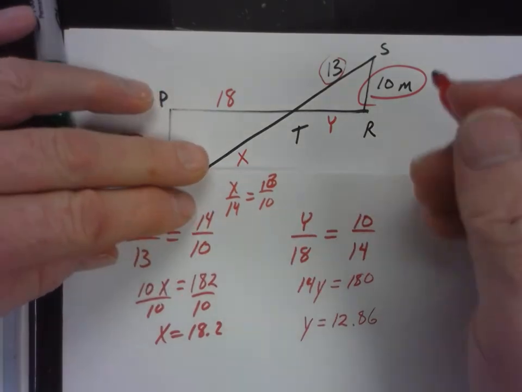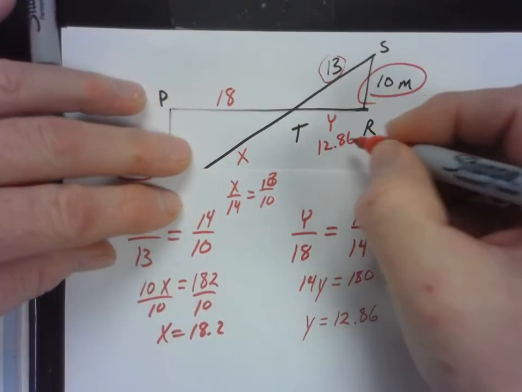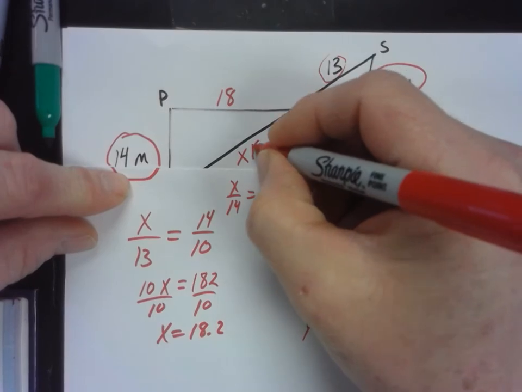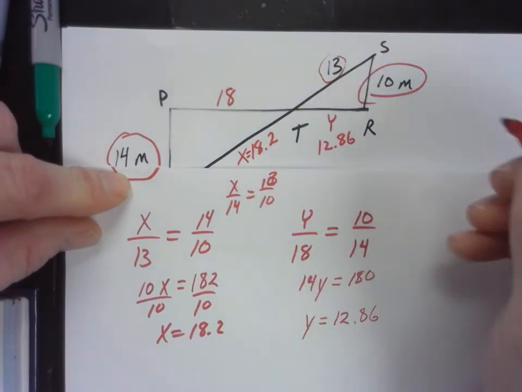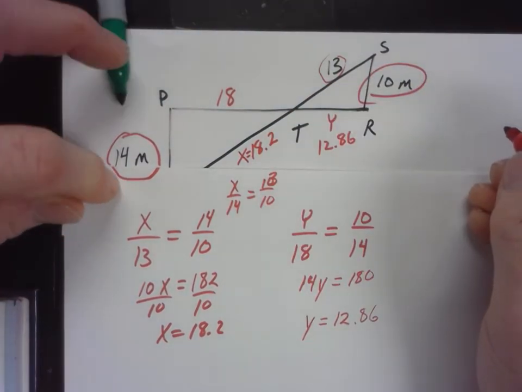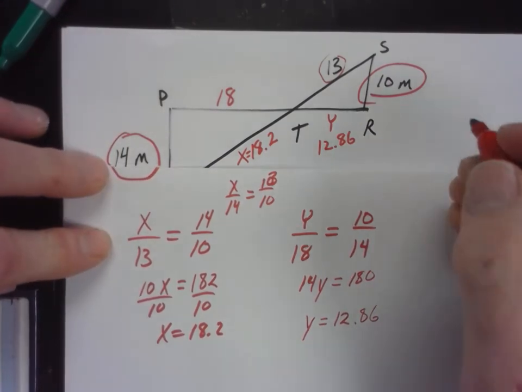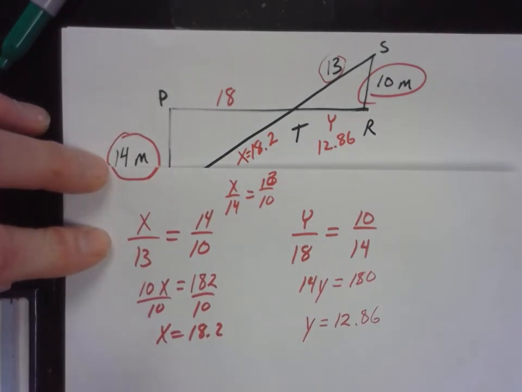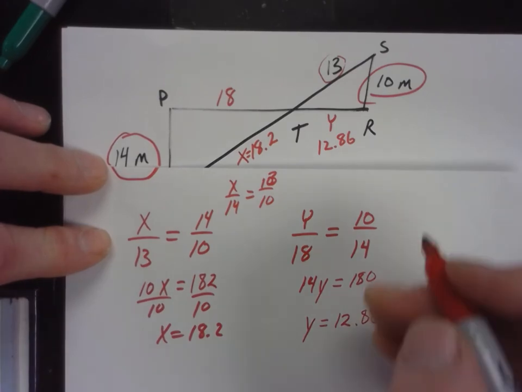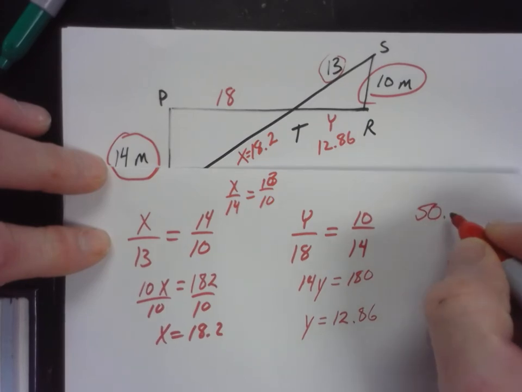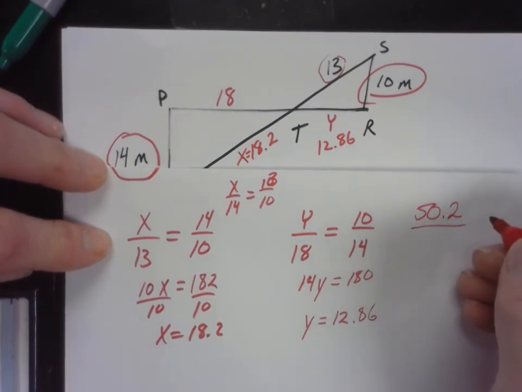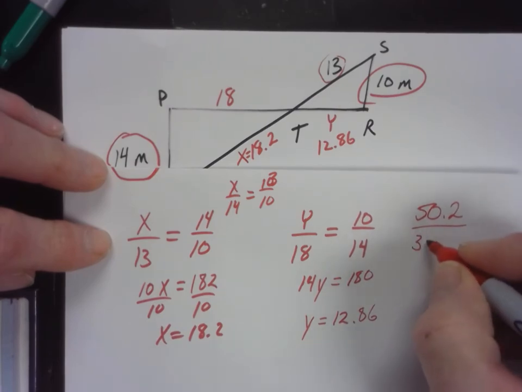So y is 12.86, x is 18.2, and what about the perimeters? You guys figure out the perimeter of the little one. What is it? 35.